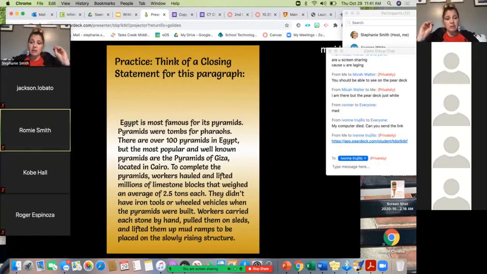To complete the pyramids, workers hauled and lifted millions of limestone blocks that weighed an average of 2.5 tons each. Another piece of data. They didn't have iron tools or wheeled vehicles when the pyramids were built. More data. Workers carried each stone by hand, pulled them on sleds, and lifted them up mud ramps to be placed on the slowly rising structure.